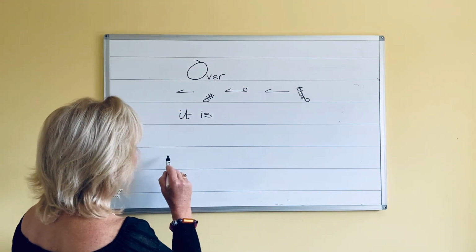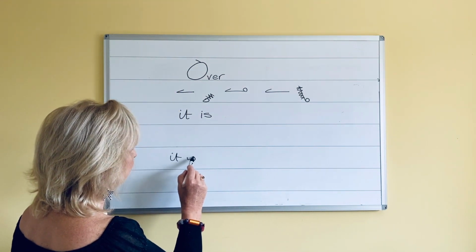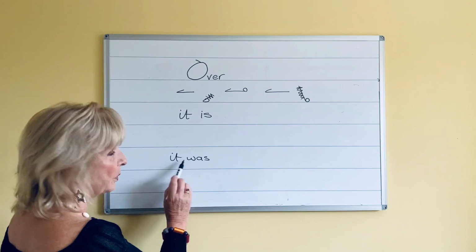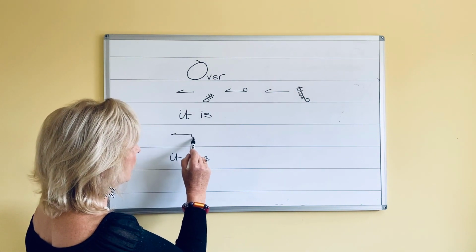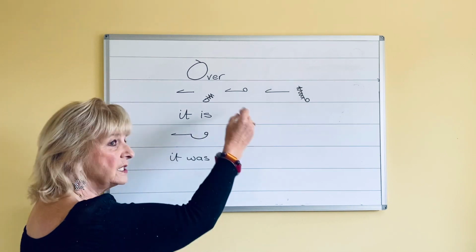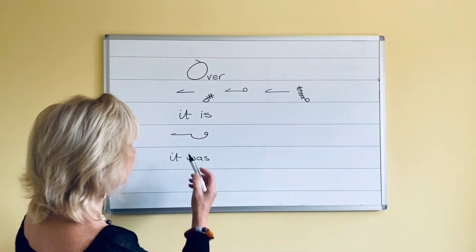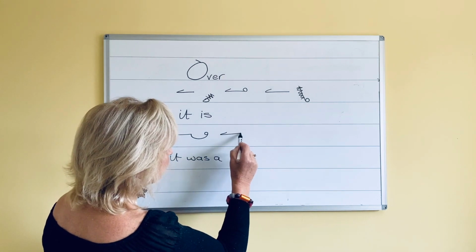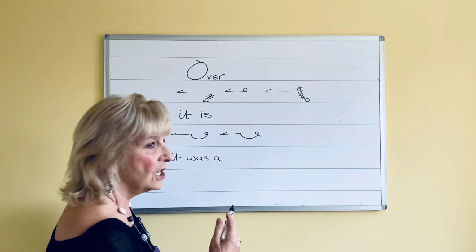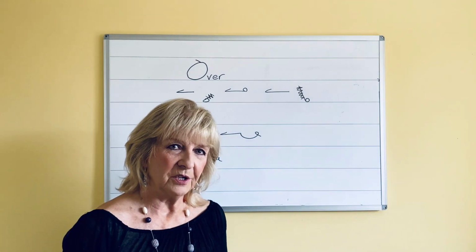So now let's do another simple one. Let's do it was. So we'd always put the first word in its original position, so IT for it and WS for was. Remembering to put that S inside the curve, it was. And now let's add the word a. So we could, it was a. So one outline, 3 words.